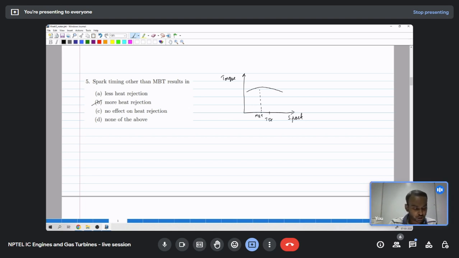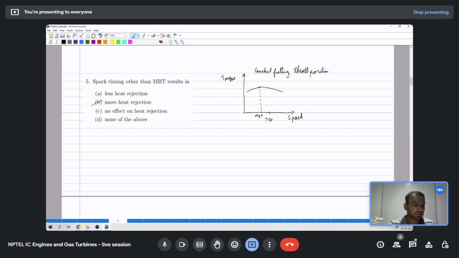This curve is drawn for constant fueling, constant throttle position, etc. We change only the spark timing, and because of this we see some difference in torque output. That means the efficiency also is higher at this point. Why?